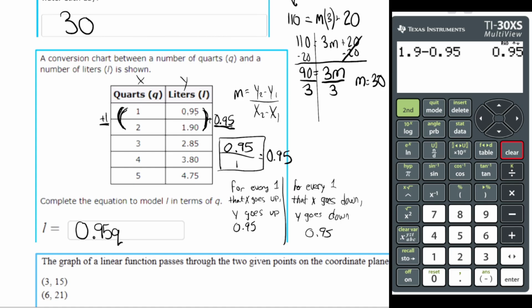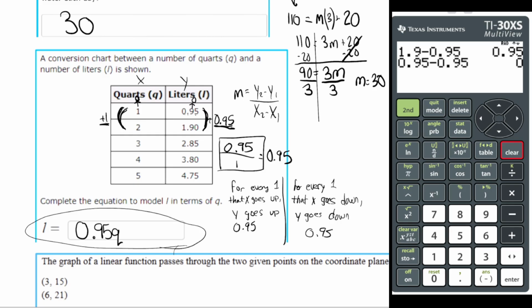So if we want to get to our x of 0, which is how you find the y-intercept, where x equals 0, then we have to subtract 1 from this quart, which will bring us to 0. And for every 1 that x goes down, y goes down 0.95. So 0.95 minus 0.95 would be 0. So your y-intercept is 0. You do not have to put plus 0. You could leave it like this.